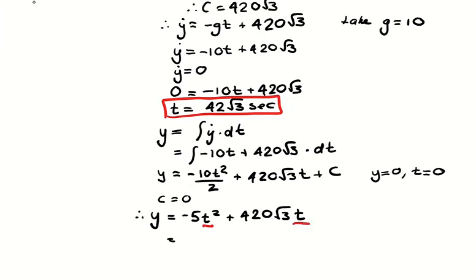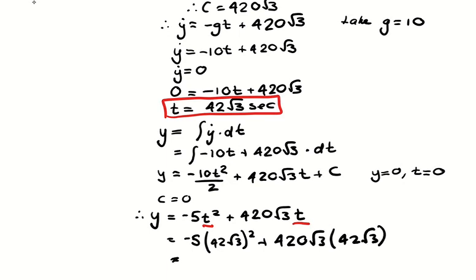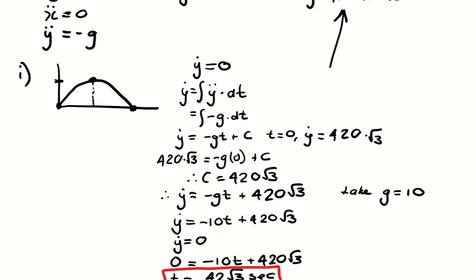When I do that, and when you sub all of that in, you get an answer of 26,460, and now we're in meters. So I know the maximum height of this projectile here was 26,460 meters.